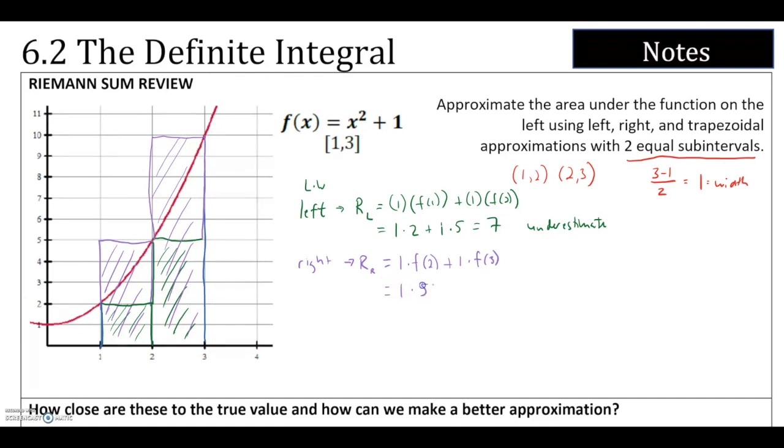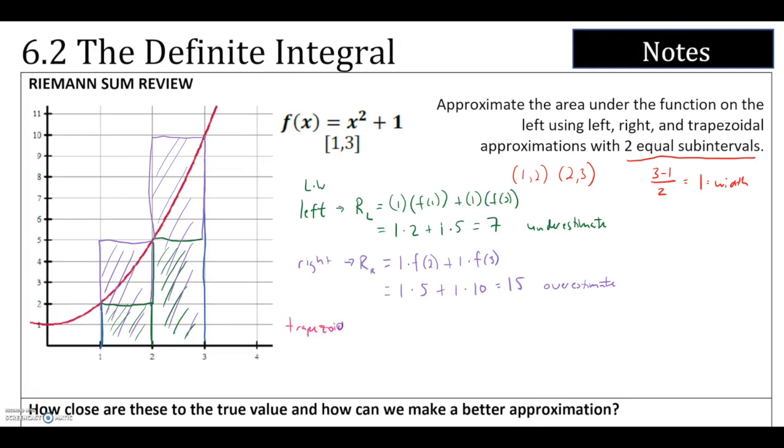We already had that f of 2 was 5, and to get our f of 3, that's 3 squared plus 1, or 10, giving us a total sum area of 15 for the right Riemann sum. And again, just like on the first problem, we can judge whether this is an over or underestimate by recognizing that we were using higher function values throughout that approximation. So the right Riemann sum is indeed an overestimate.